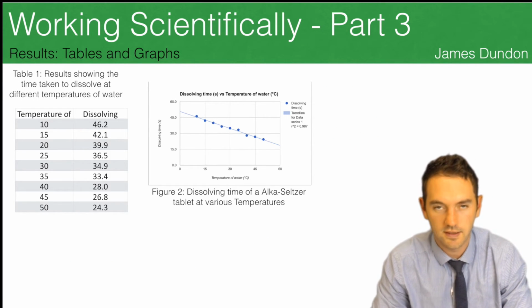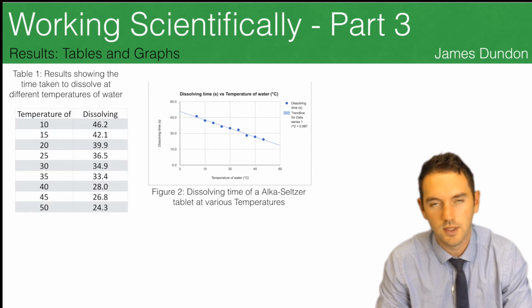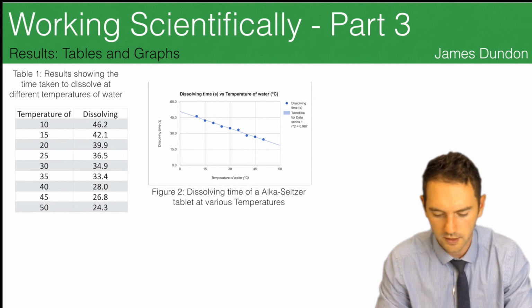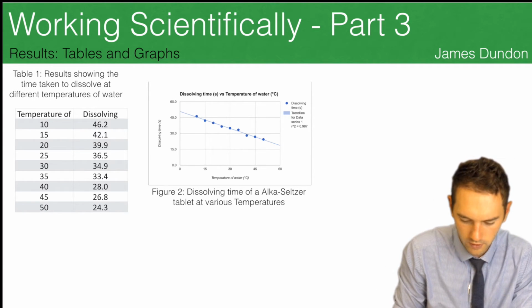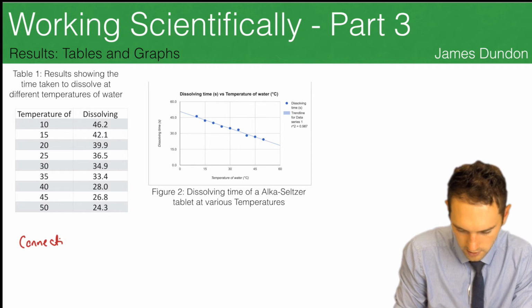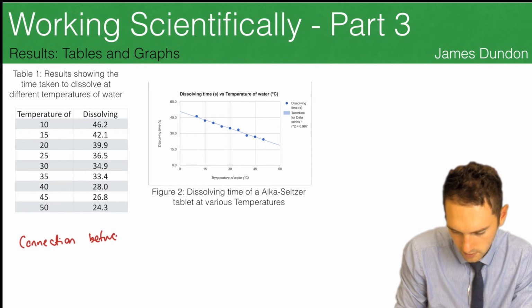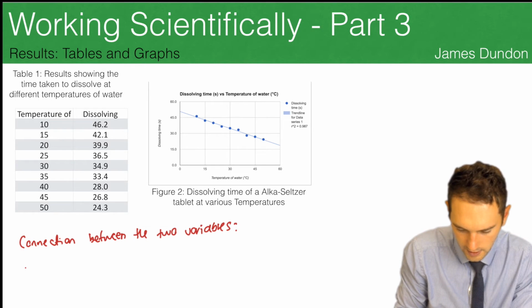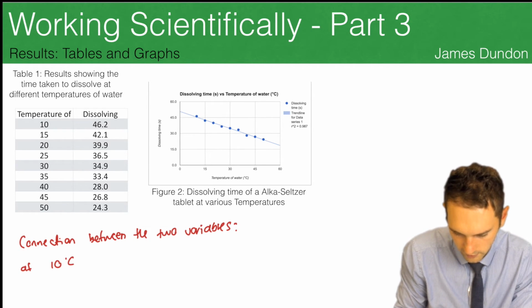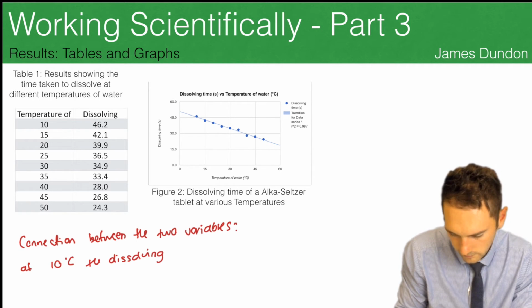Okay, so now we've got our table, we've got our graph. Now we need to analyze them and describe them to the audience exactly what's happening. Okay, so basically we just look for the connection between the two variables. For example, at 10 degrees Celsius, the dissolving time was 46.2 seconds.